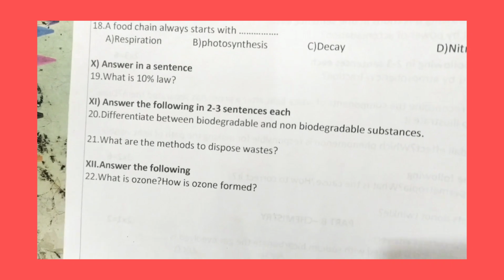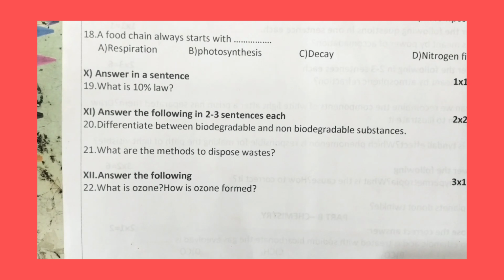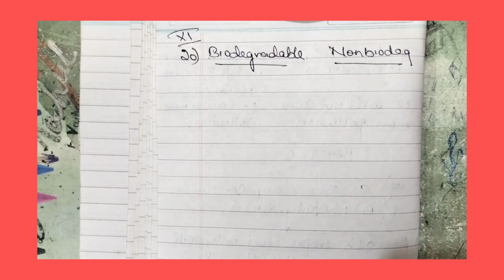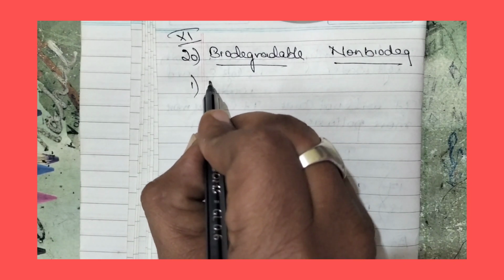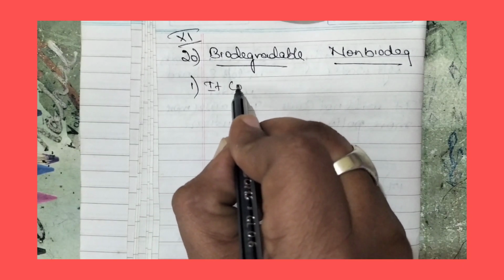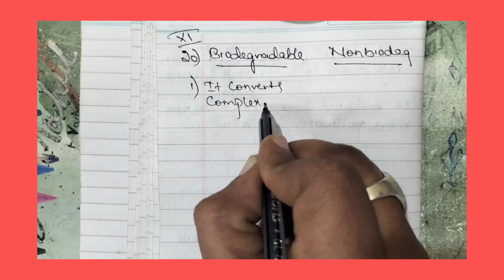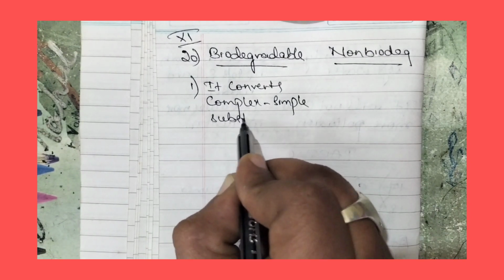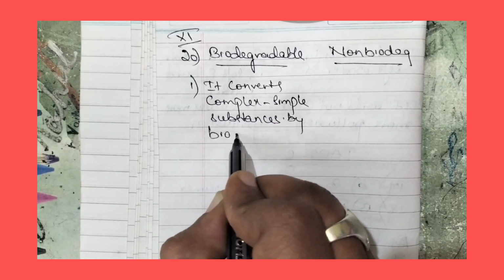Now question number 20. Differentiate between biodegradable and non-biodegradable substances. Biodegradable substances convert complex into simple substances by biological process.